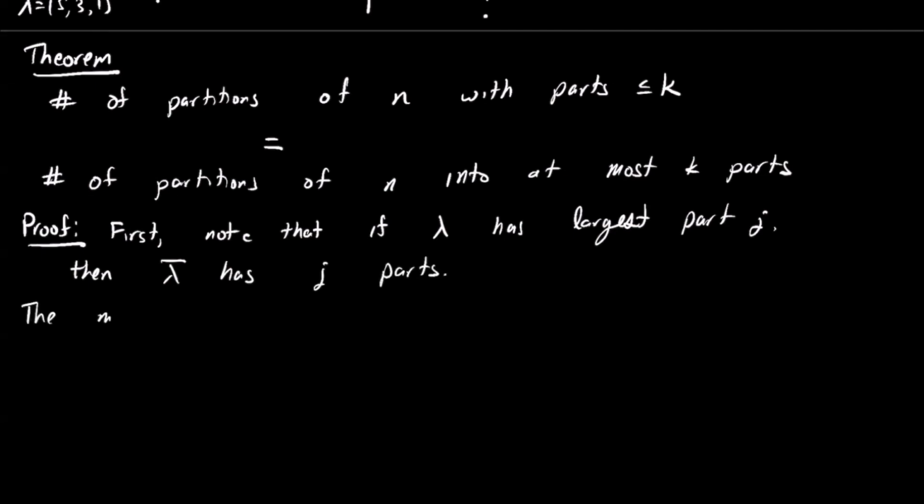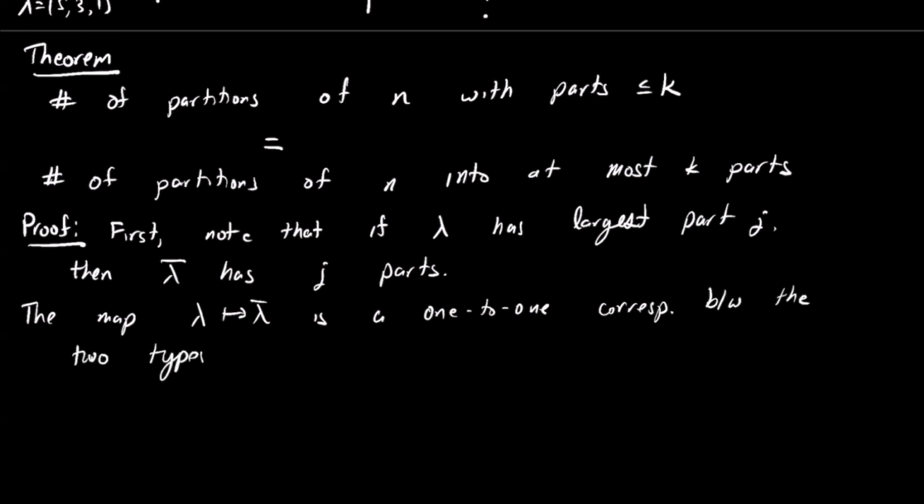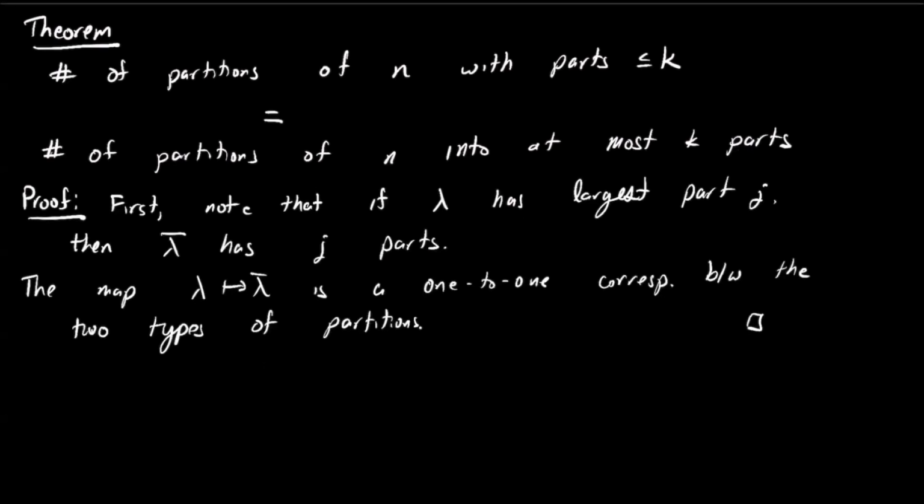Then the map that sends lambda to lambda bar is a one-to-one correspondence between the two types of partitions. So that'll finish our proof. So now we have this one-to-one correspondence, and we'll use this fact a little bit later on.